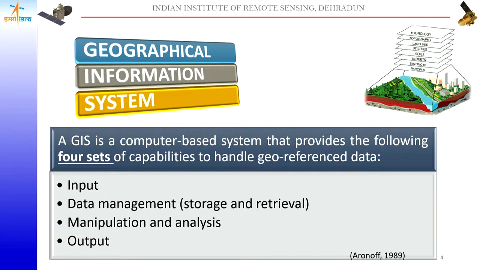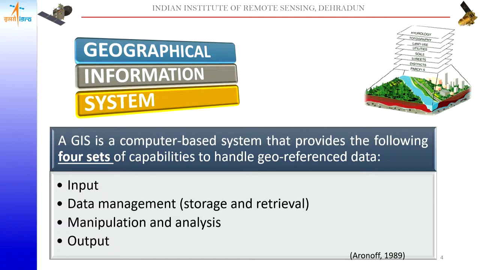So basically GIS differs from other information systems, let's say a management information system, in its capability for handling georeferenced data: not only storing and inputting, but also manipulation, analysis and visualization.